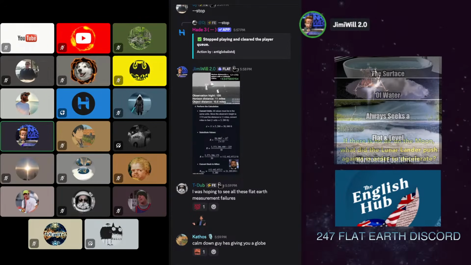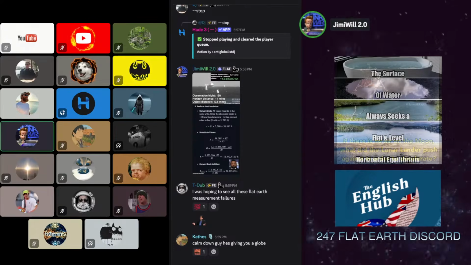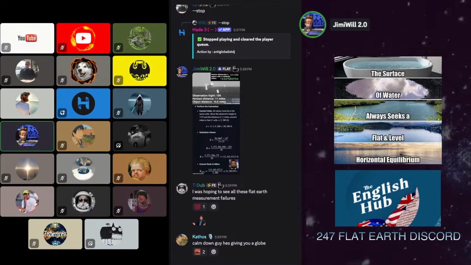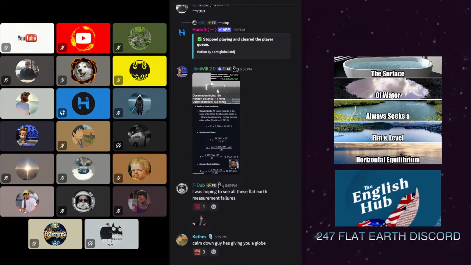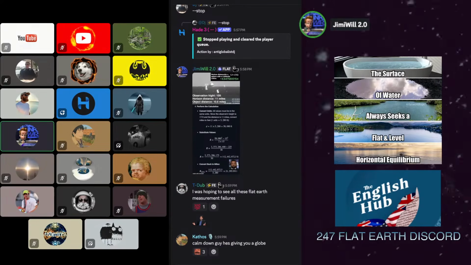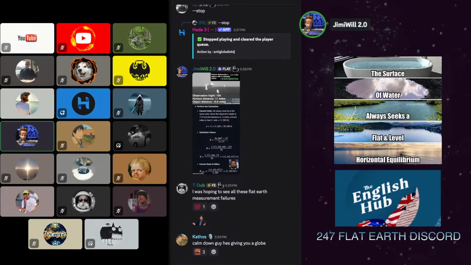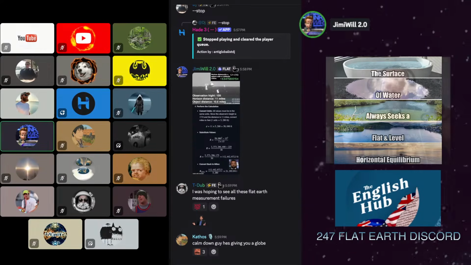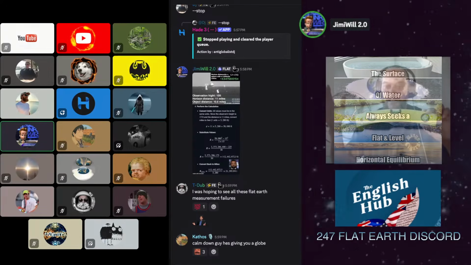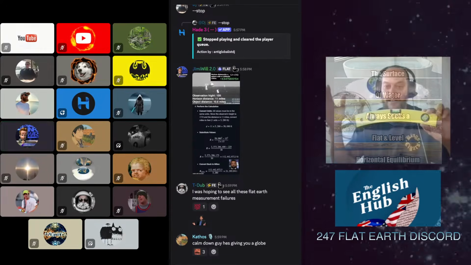He went to the beach, found a good day, took his camera that could see IR, and looked off in the distance and found a boat. It was either him or DJ who went out of their way to identify the boat and its distance and its location, and gave you screenshots from Google to identify its specific location so that we could verify that our values are correct: 15 feet above the water, objects 10.6 miles away from the observation point.